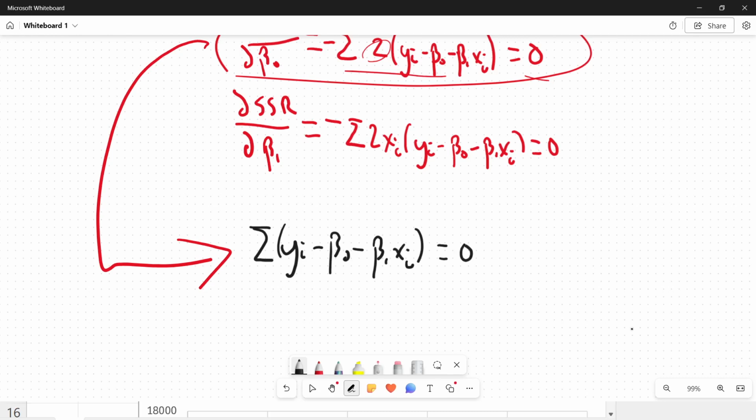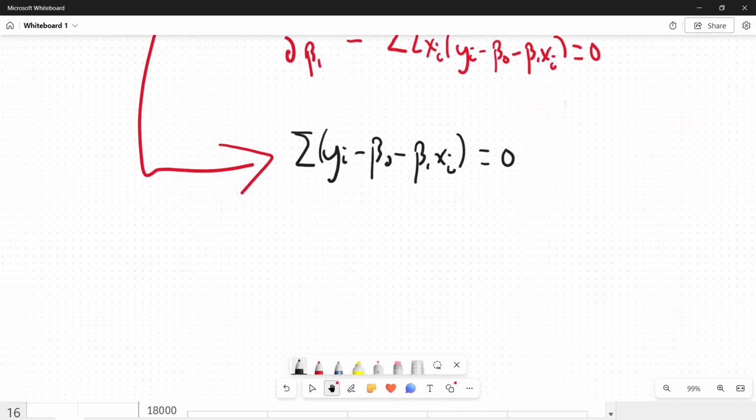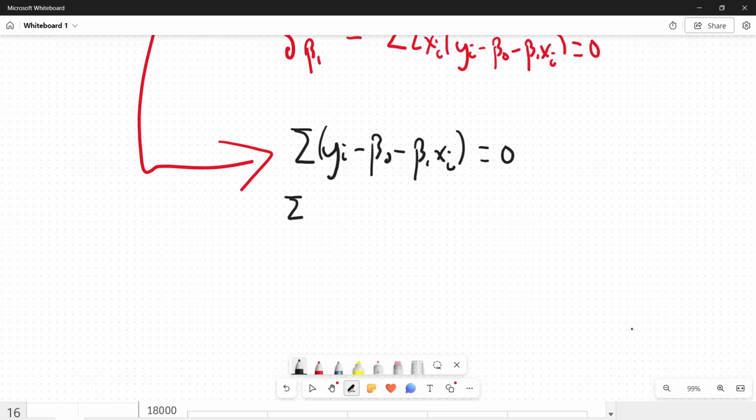Now, I could write that as many sums instead of just one sum and say the sum of all the yi's minus the sum of all the beta 0's, this is going to be fun, minus the sum of all the beta 1 xi is equal to 0. The sum of all the yi's is the total of the yi's.